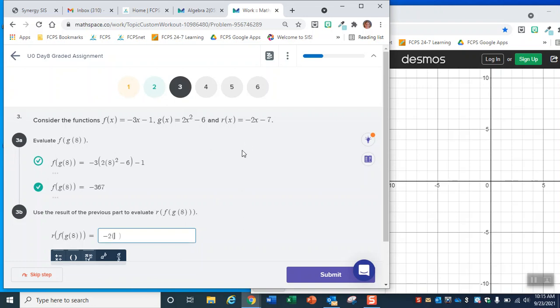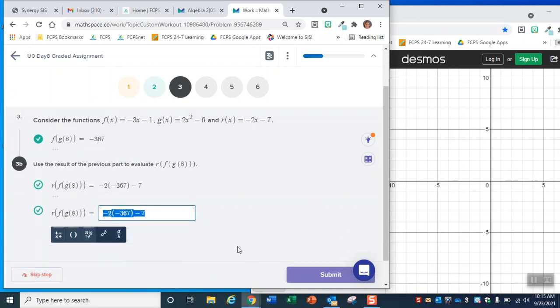For the x, I'm going to put in this f of g of 8. Well, I figured that out up here. f of g of 8 is -367, so I'm going to put that in there. All right, so there's my -2x, and then I have a -7. That was just substituting in f of g of 8 into R.